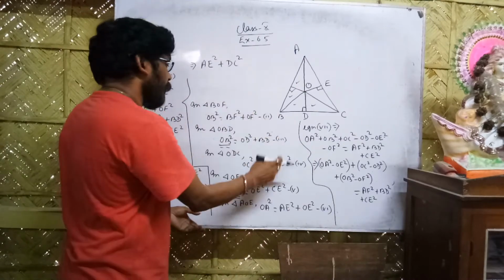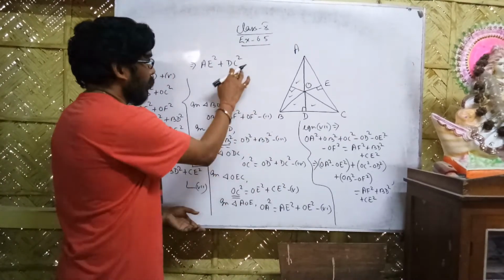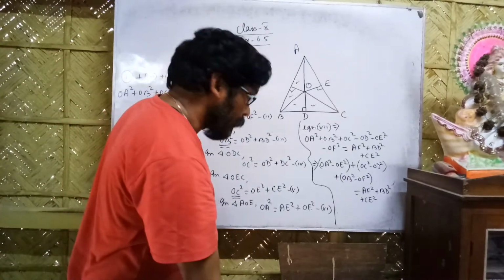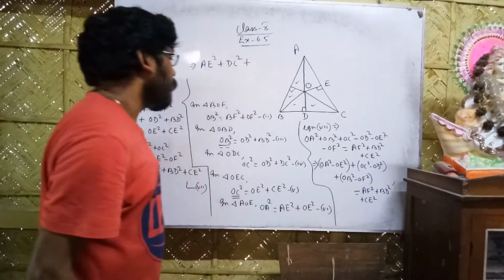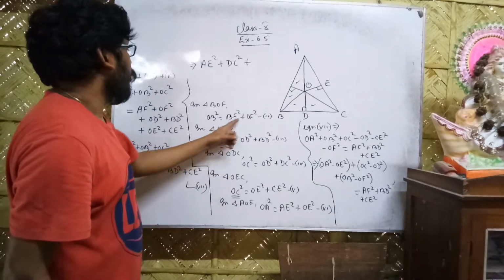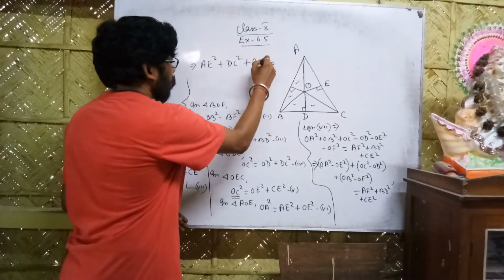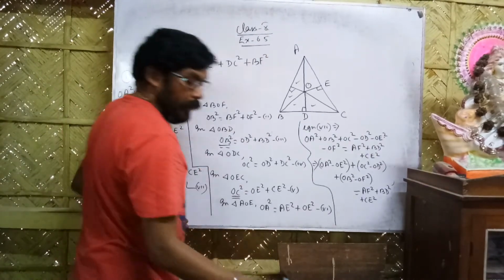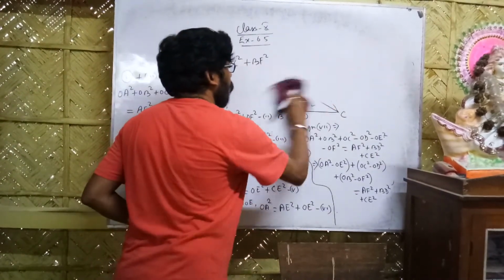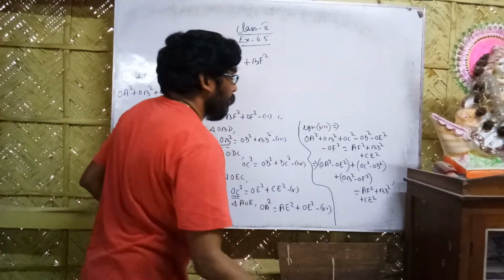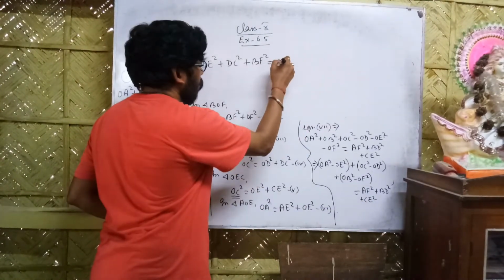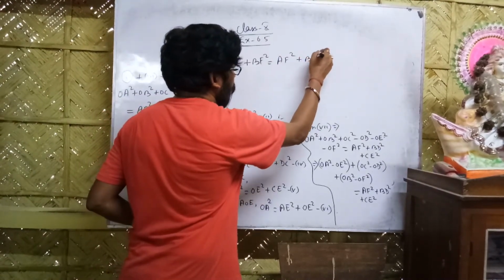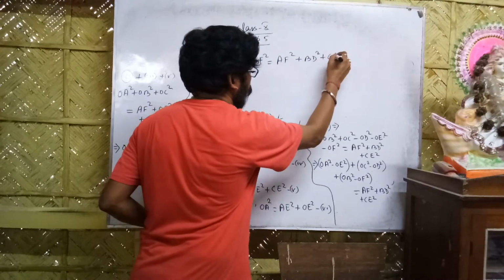In the question it is given CD, so you can write CD also. And left is BF square: OB square minus OF square is BF square. Equal to AF square plus BD square plus CE square.